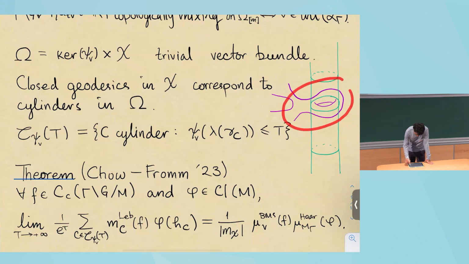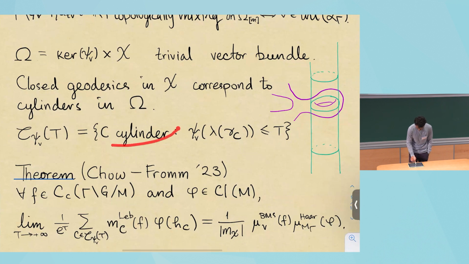And so I have a picture here, and I will define this set fancy C sub psi of T, which is the set of cylinders with psi circumference less than or equal to T. Meaning that if I pick a geodesic in X, then there is an associated element in gamma, and it doesn't matter which representative in the conjugacy class you pick.